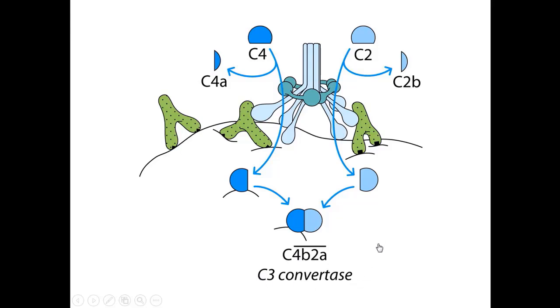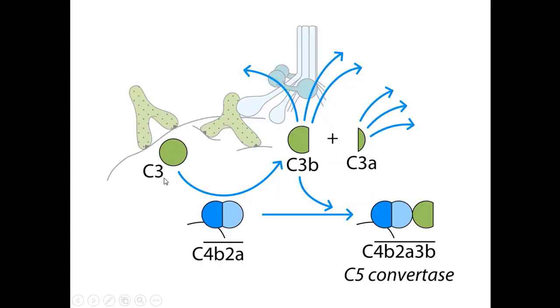What is the function of C3 convertase? Yes, C3 convertase can cleave C3 into C3b and C3a, and C3b binds to C4b2a and forms another enzyme called C5 convertase.